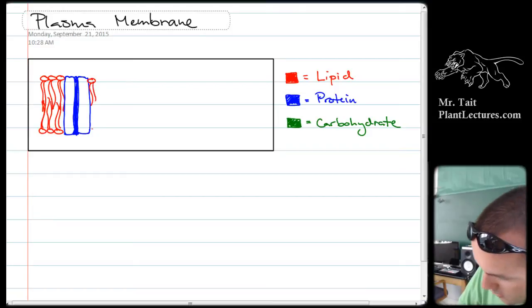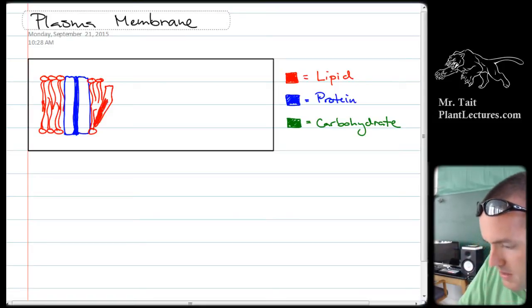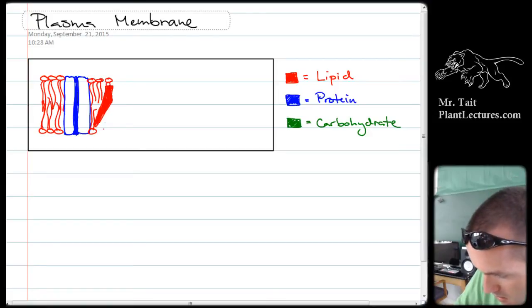Then we got some more phospholipids, like this. Maybe in the middle of these phospholipids there's going to be some big structure that looks something like this. It's also red. It's a lipid. And there's some phospholipids around it like this.